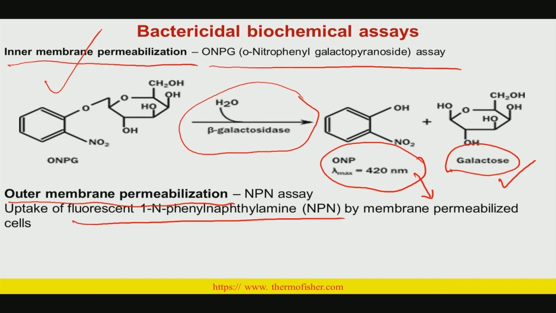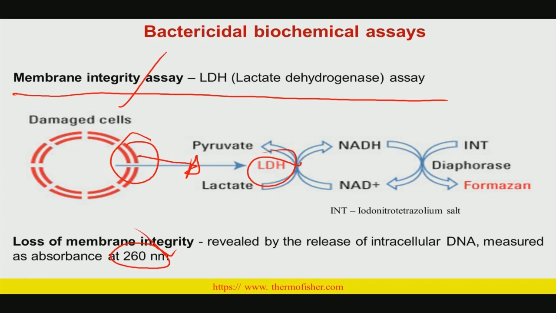Once you do these things, the reasons for any antibacterial or bactericidal effect are to be analyzed with additional assays like inner membrane permeabilization, outer membrane permeabilization, or the LDH assay, which will give you the membrane integrity assay. So, the rationale is that first you quantify whether any material has sufficient antibacterial property, then you try to propose certain reasons to explain the origin of this property.